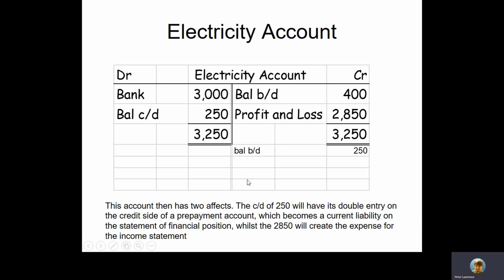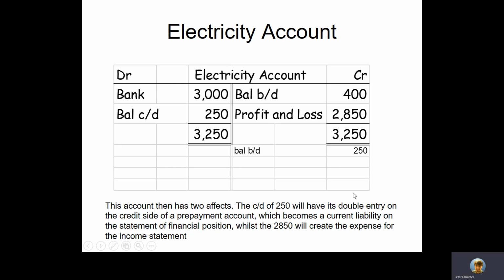Now, there is a strange situation that happens here in that we've got a carried down and brought down, but we're going to do a triple entry in a certain way. We've got one entry on the 250 and the carry down. We've got a second entry, or a double entry, on the 250 as a brought down, but we're going to do a triple entry. So we're going to do 250.